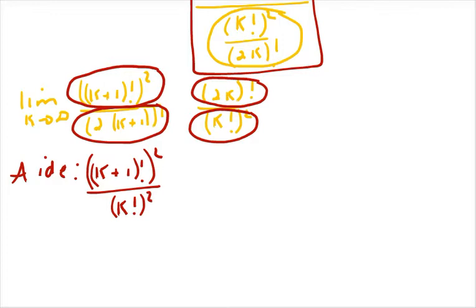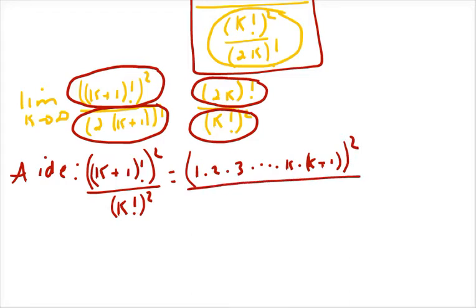And it looks like we can do something here, and sure enough, you can. So the numerator is nothing other than a factorial that goes to k plus 1, and that's squared. The denominator is k factorial squared, so that's 1 times 2 times 3 times k, squared. Now, algebraically, you could pool, remember, those exponents go to each term.